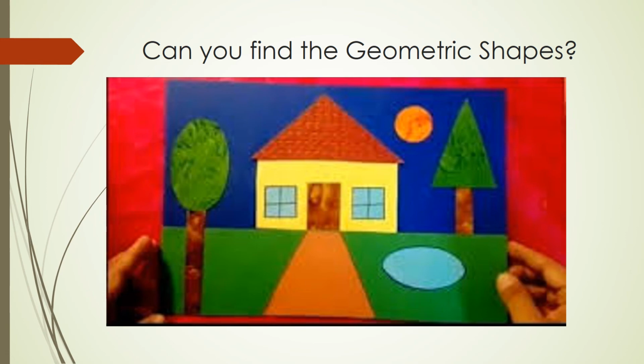Use your finger to outline the geometric shape that you have found. Can you identify the triangle? If you have, very good. Can you now identify the circle? Well done. Boys and girls, how many squares do you see?